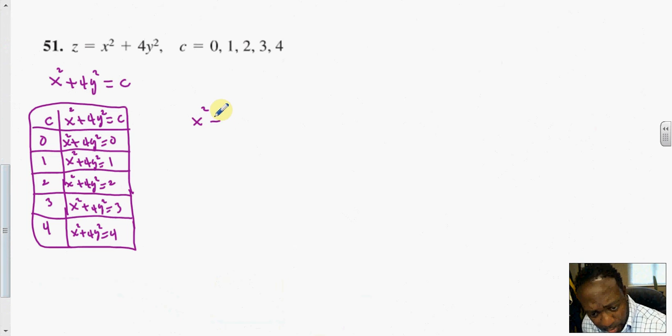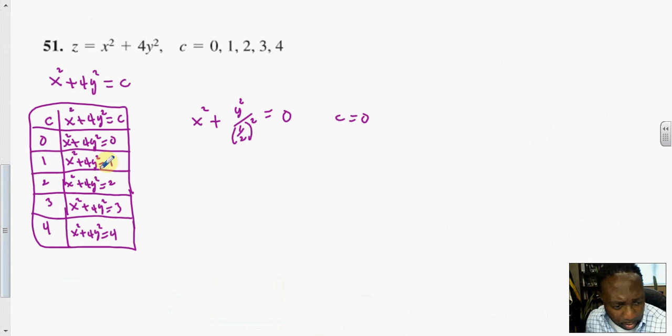x squared plus, for the first one, y squared over 1/2 squared, and that's equal to 0. This was for c equal to 0. And so this is an ellipse with the x terms tending to plus or minus 1, and then the y values tending to plus or minus 1/2.